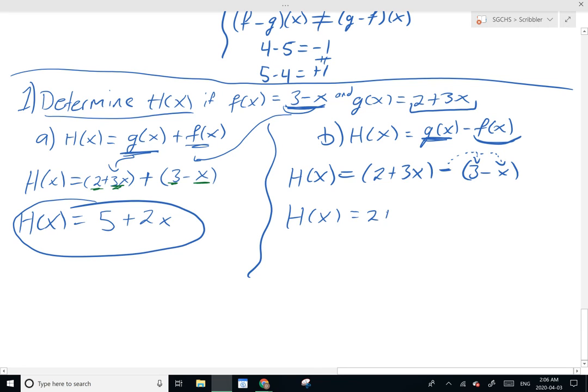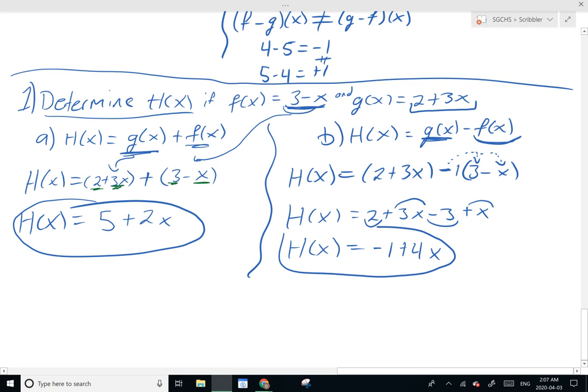So I get 2 plus 3x, then negative 1 times 3 gives negative 3, and negative 1 times negative x gives positive x. Then I can combine like terms: 2 minus 3 gives negative 1, and 3x plus x gives positive 4x. So there is my h of x function.